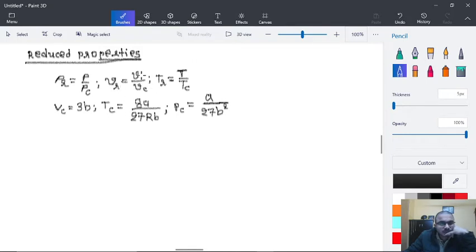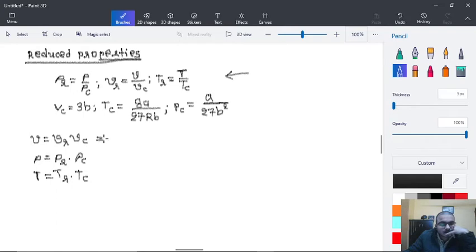So let's first use these equations. Here we have V is equal to VR VC, then P is equal to PR into PC, and then T is equal to TR into TC.